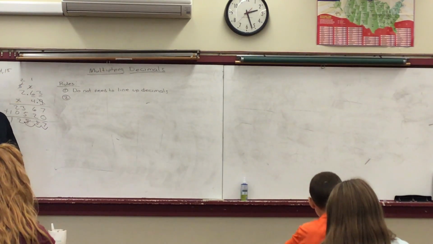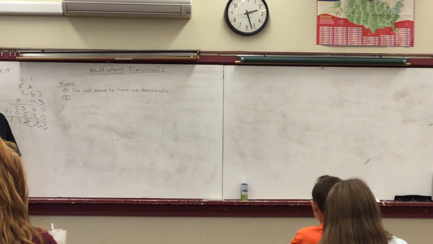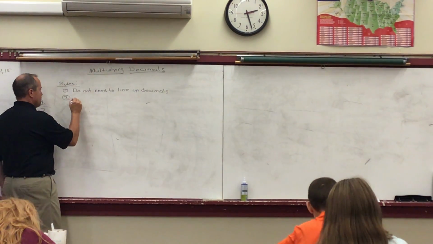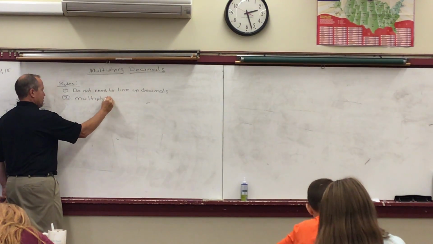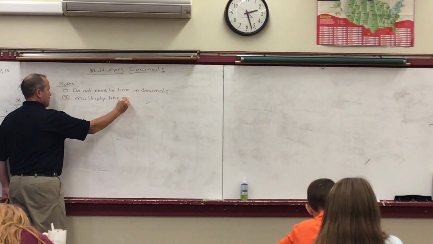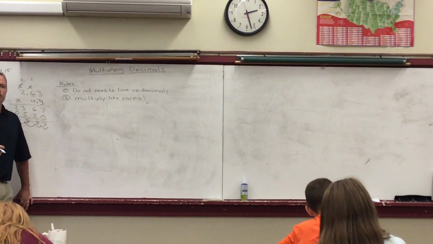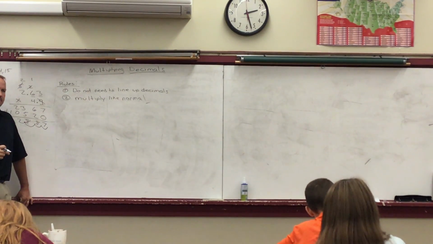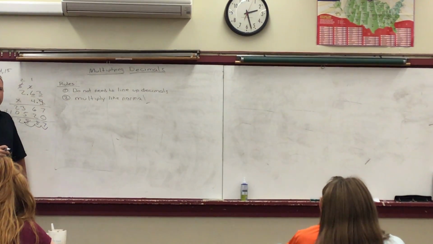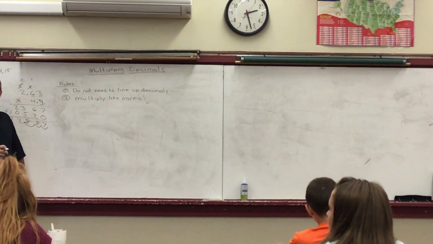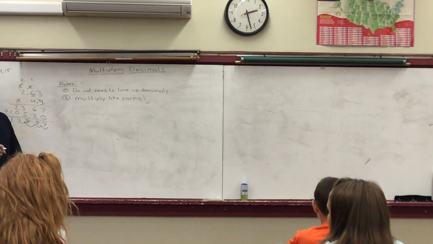Step 2. What was the next thing we did? Evan? Multiplied like normal. Multiply as if there were no decimals. Step 3. See how many numbers were to the right of the decimal in the problem.